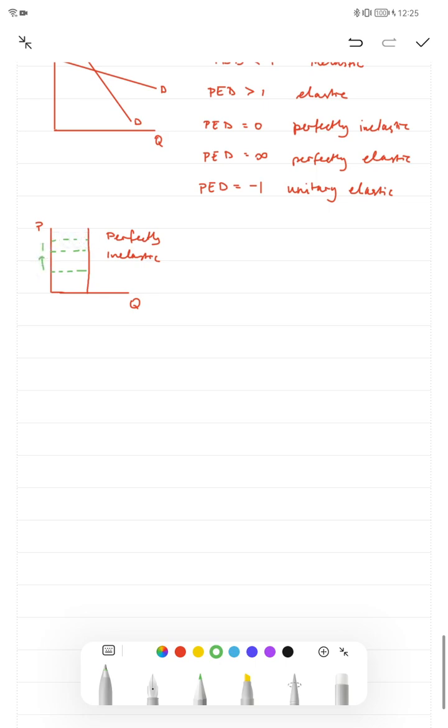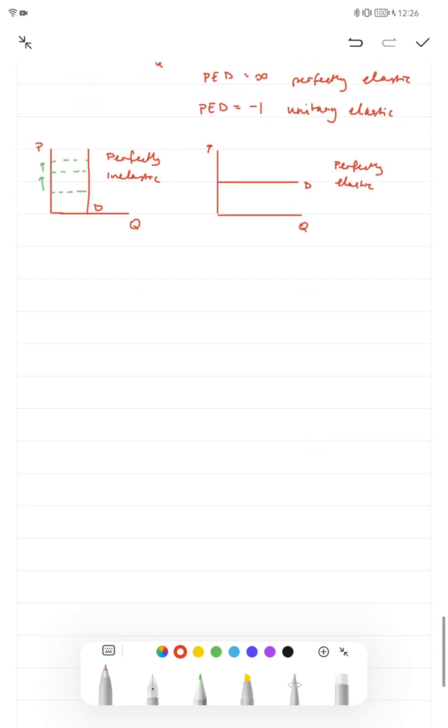Whether we were to keep increasing the price, the quantity would always be the same. And if we were to have the opposite, this would be perfectly elastic. The price would be the same, but the quantity would constantly change.